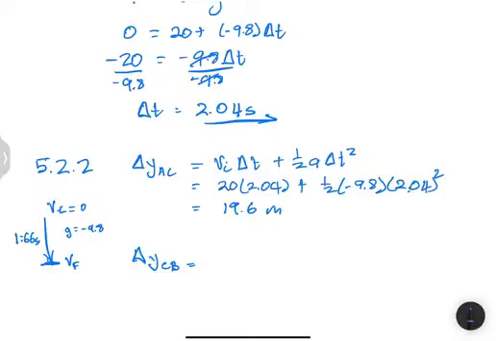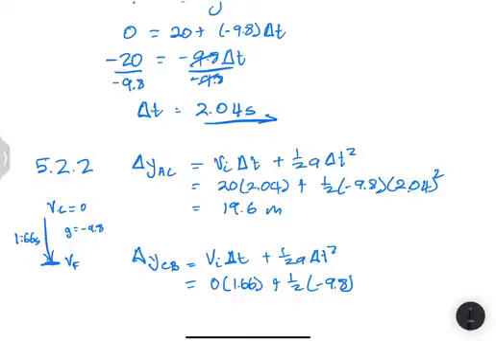So I can say, using the very same equation, plus half a delta t squared, in this case, that would be 0 multiplied by t, which is 1.66, plus half times negative 9.8. Please remember, gravity does not change direction.